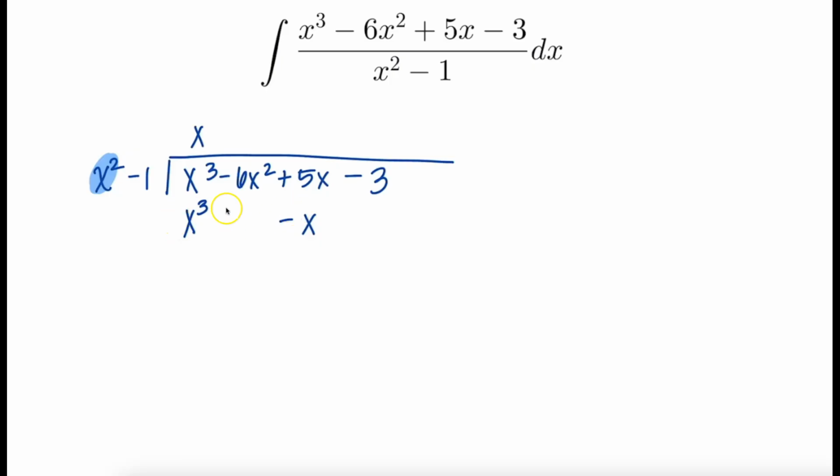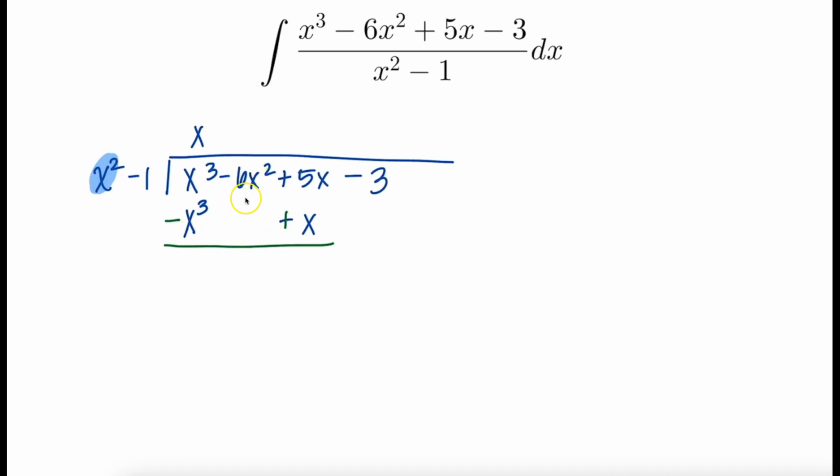And then with division, we subtract these quantities. So we're going to have to make this minus x cubed and then plus x. And what should happen is x cubed minus x cubed cancels and gives us 0.